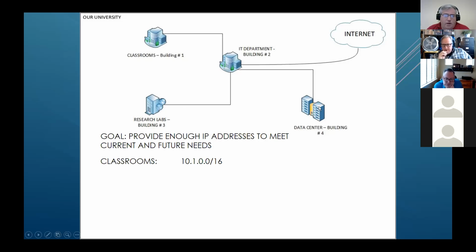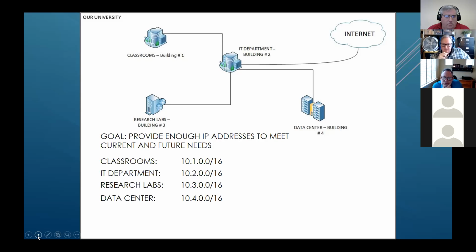And then you could further subnet those into different departments, or however you wanted to. That's 65,534 addresses with the minus 2.